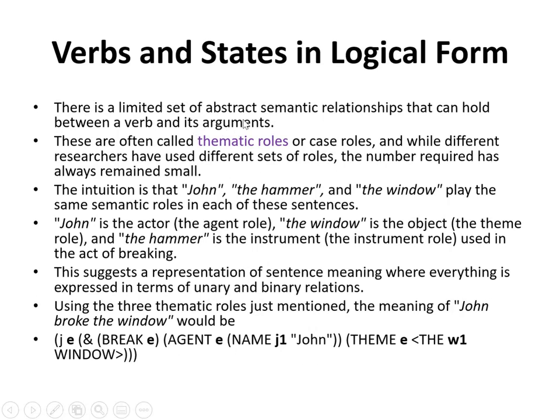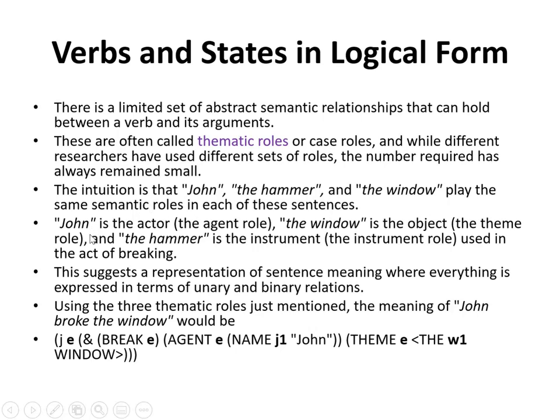So there is a limited set of abstract semantic relationships that can hold between a verb and its arguments. They are called thematic roles or case roles, and different researchers have used different sets of roles. Here you can see that we have three things: John, the hammer, and the window. They are playing different thematic or semantic roles.